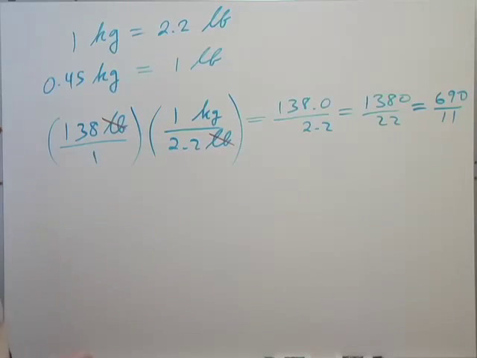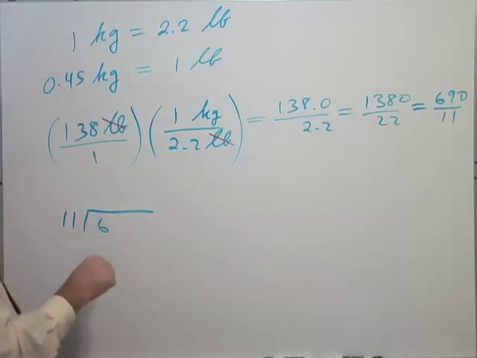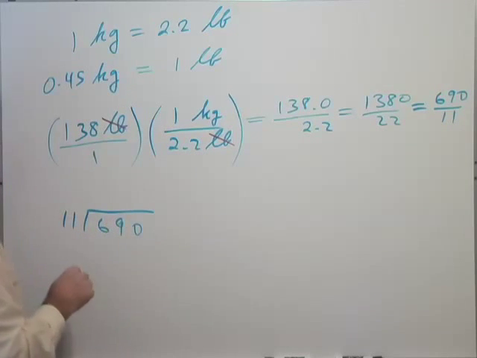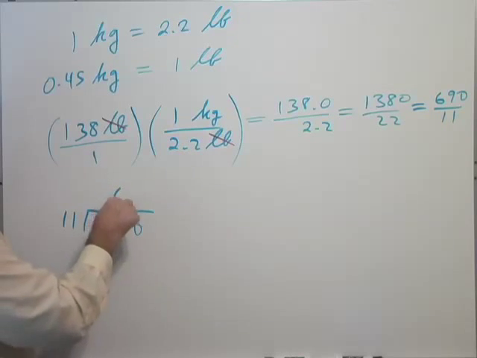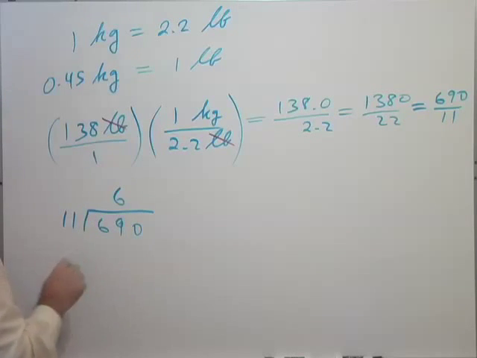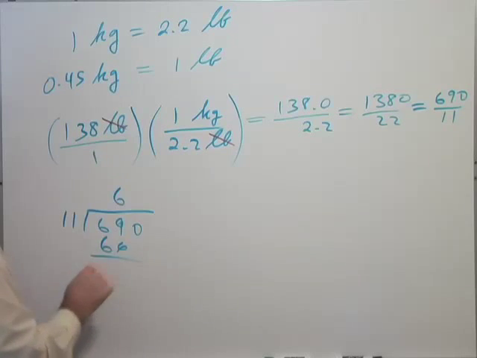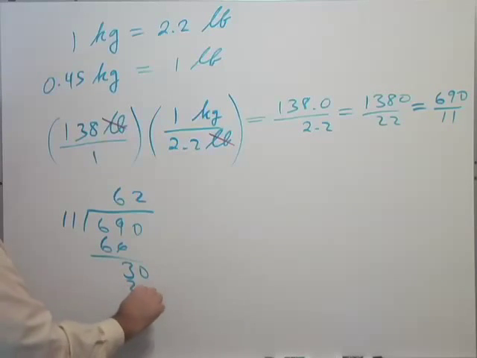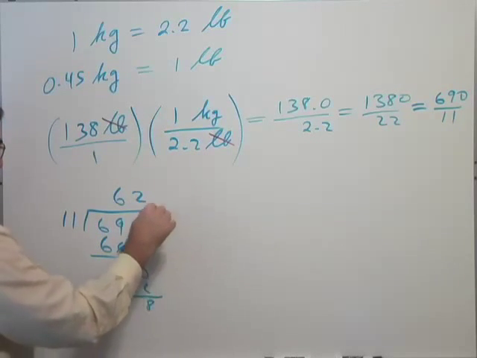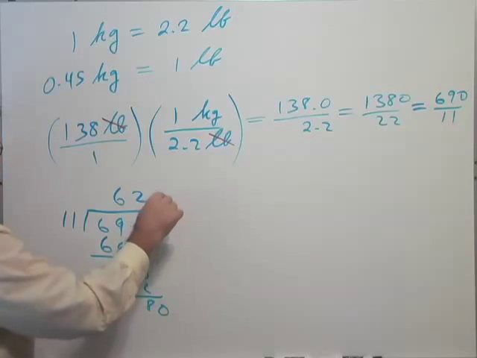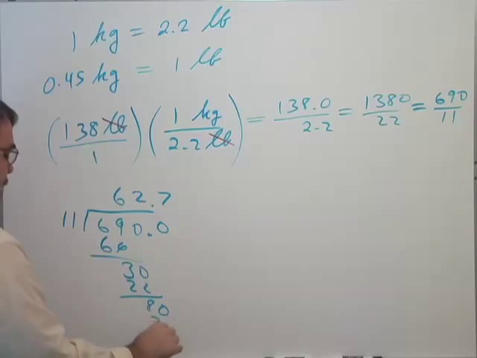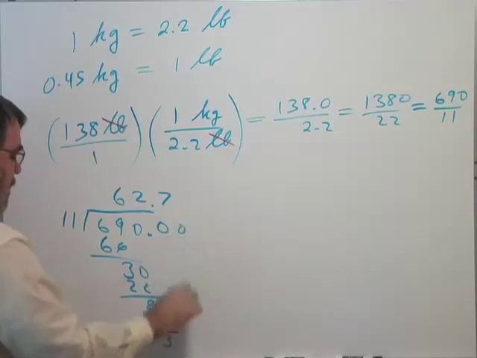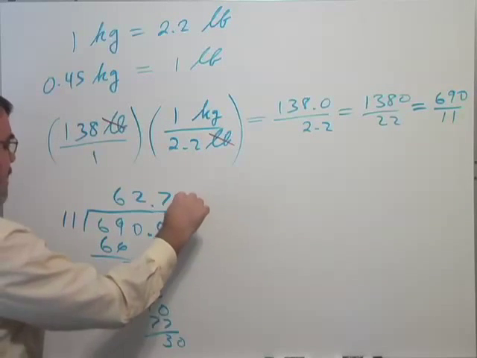But let me verify that with long division. So I'm going to divide 11 into 690. I don't recommend you do those kinds of divisions in your head, but I have some confidence because I've been doing this since the pre-calculator era. So 6 times 11 is 66, subtract, we get 30. And now it goes 2 times, 22, leaving an 8. Decimal point. Next one is going to be 7, and then a 2.